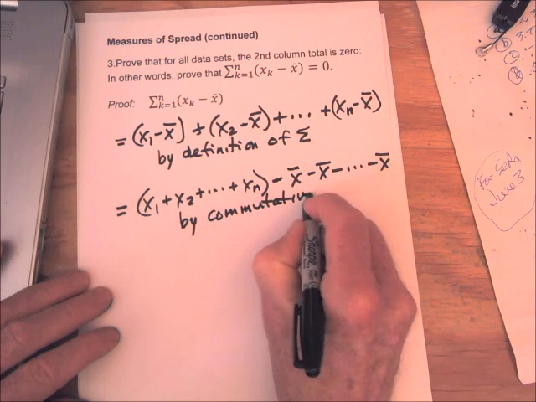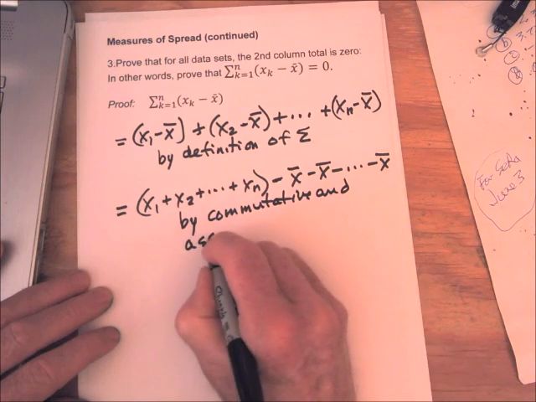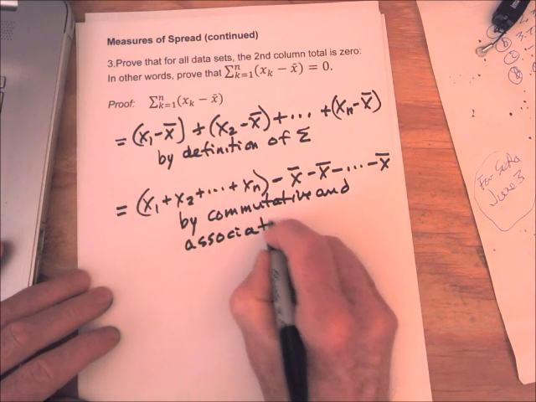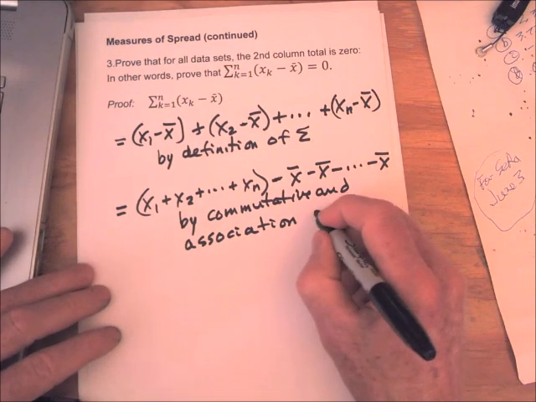It says that order doesn't matter for addition. 3 plus 4 is the same as 4 plus 3. 3 plus negative 4 is the same as negative 4 plus 3.